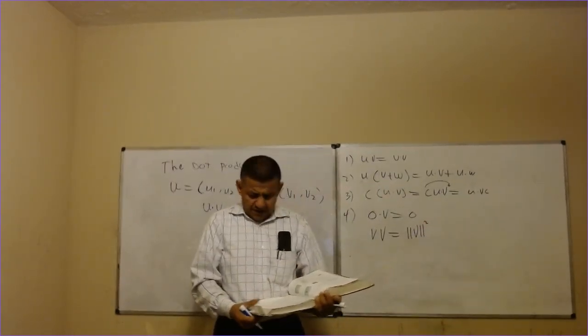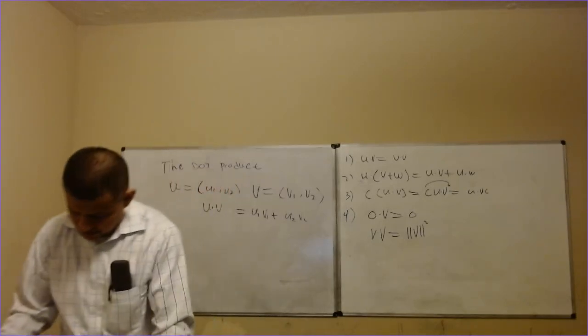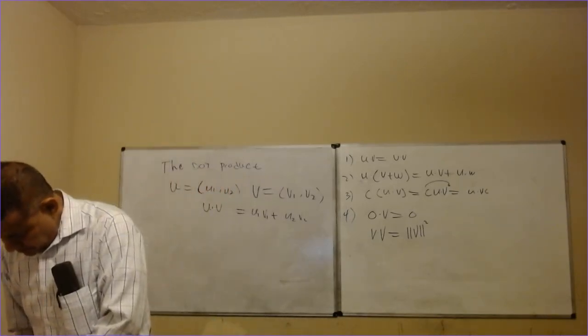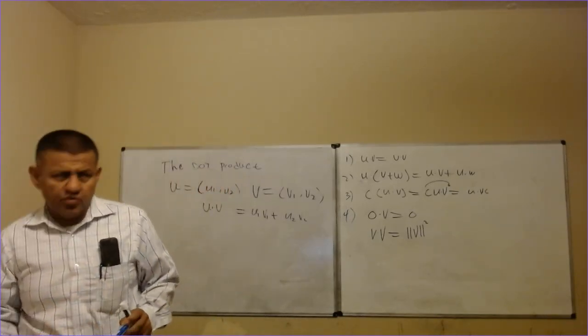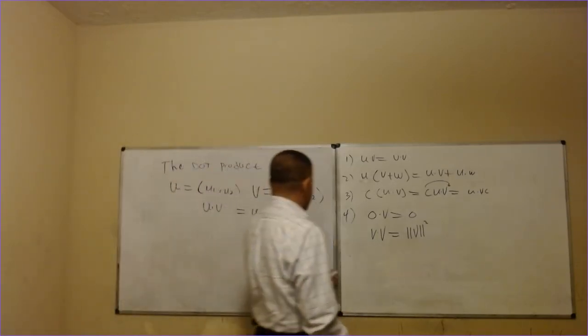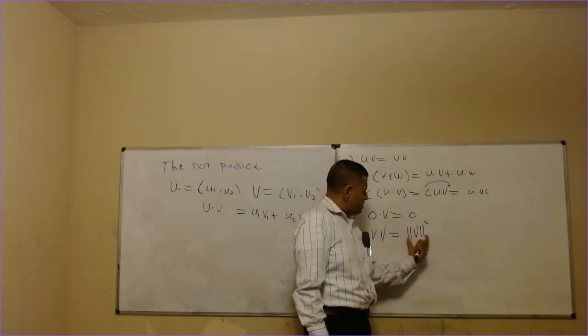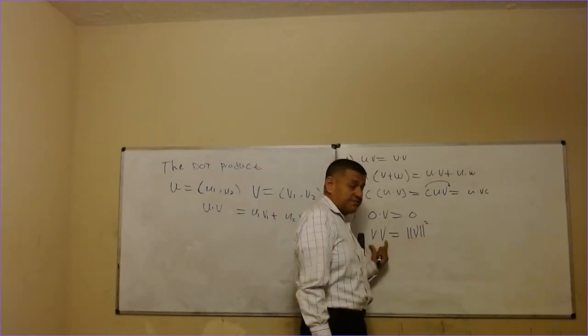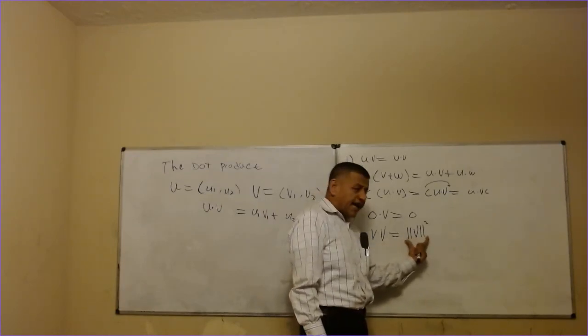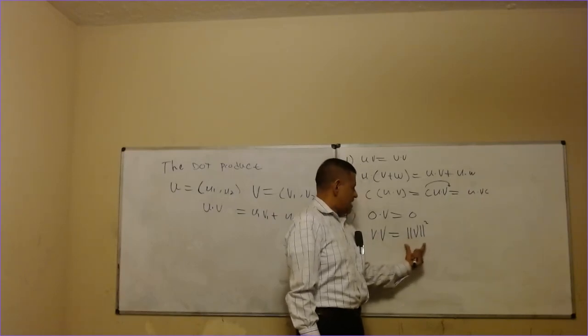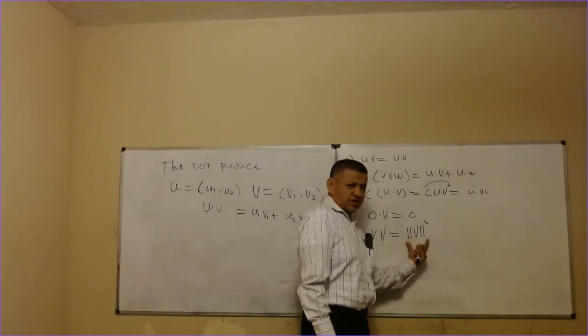So if I multiply two vectors and the vectors are the same, it will give me the magnitude of that vector. In the last video, we showed that this was the magnitude, right?